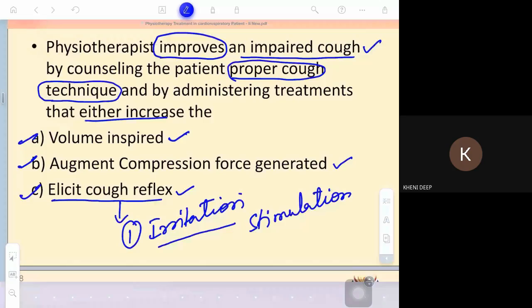Here, the volume of inspired air is important to perform a proper cough. Clear? So the therapist should explain about this technique. Second is augmenting the compression force or eliciting the cough reflex.